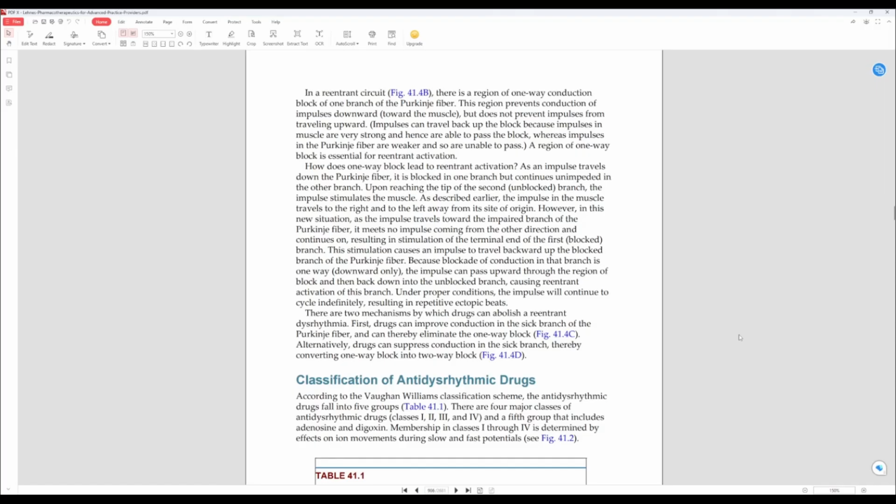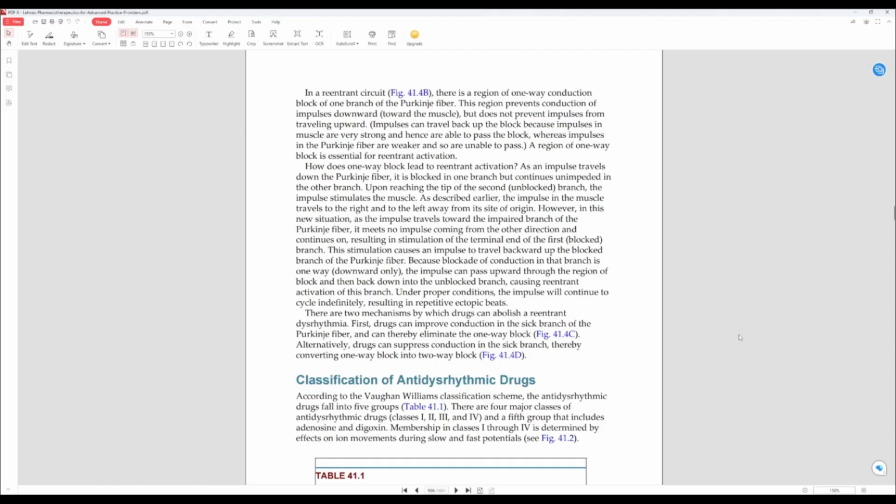However, in this new situation, as the impulse travels towards the impaired branch of the Purkinje fiber, it meets no impulse coming from the other direction, and continues on, resulting in a stimulation of the terminal end of the first branch. The stimulation causes an impulse to travel backward up the blocked branch, or one way.